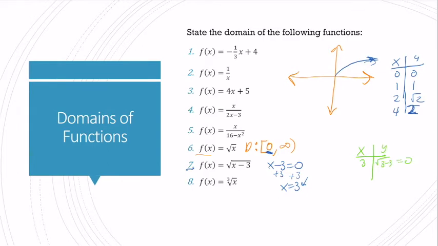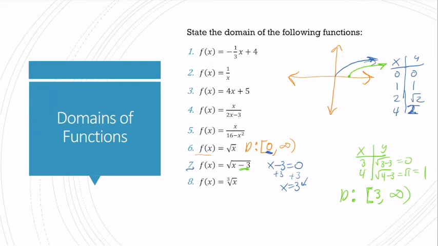If x is 4, that's the square root of 4 minus 3, which is the square root of 1, which is 1. Right? So what this did, and we're going to talk about this more in this chapter, is shift my graph to the right 3. So my domain for my green graph goes from 3, with 3 included, all the way to positive infinity.